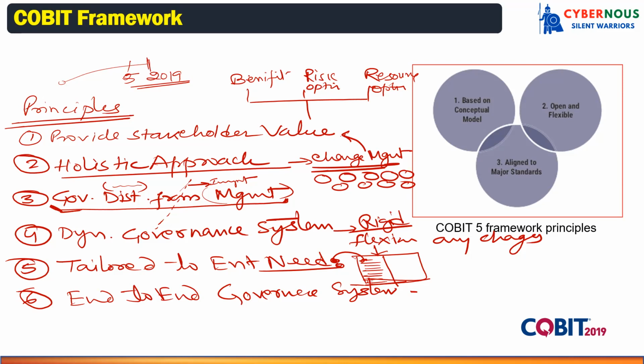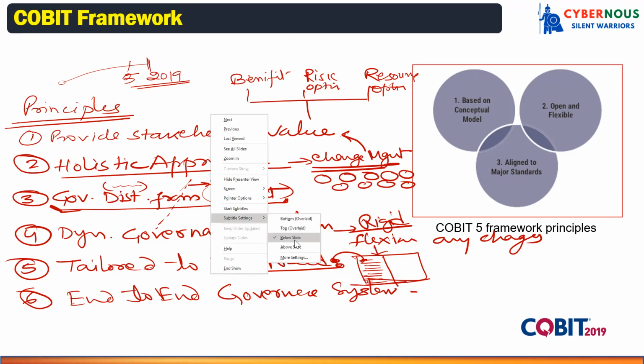It should not be something you put in silos and then forget. COBIT actually covers everything end-to-end. You need to define those controls, thinking end-to-end: where I am implementing and what I am getting from it. And for every business function, anywhere enterprise IT is involved, you need to have those controls. So these are the 6 key principles of COBIT.